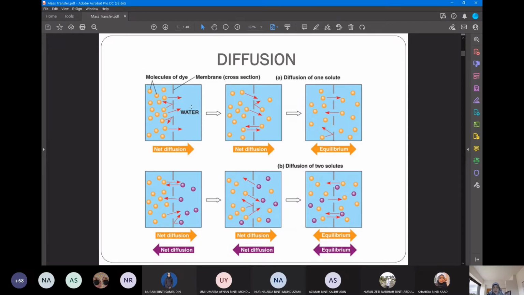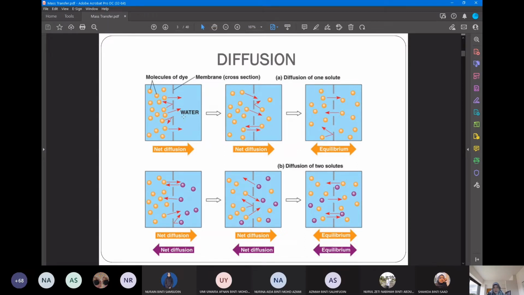Because the concentration of water remains the same. If you look at this, they are constant. So that's why you say that only molecules of dye transfer.